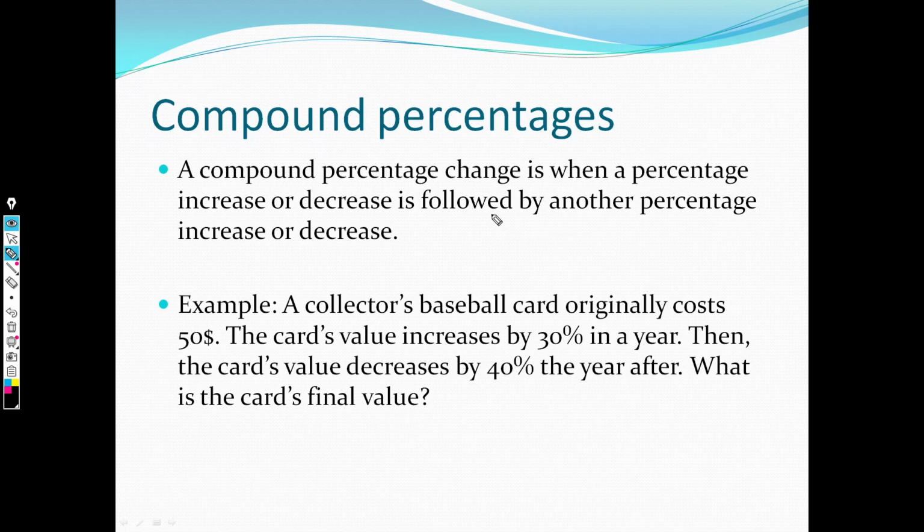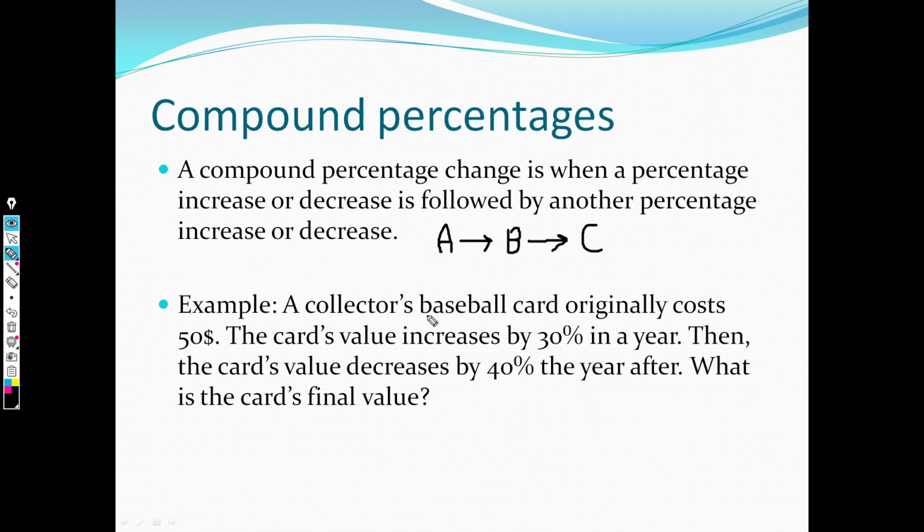You have initial value A, for example. You apply a percentage change to it and you get value B, and then you take value B and you apply another percentage change to it, and you get value C. That's what compound percentages are. Okay, so let's take a look at this example right here.